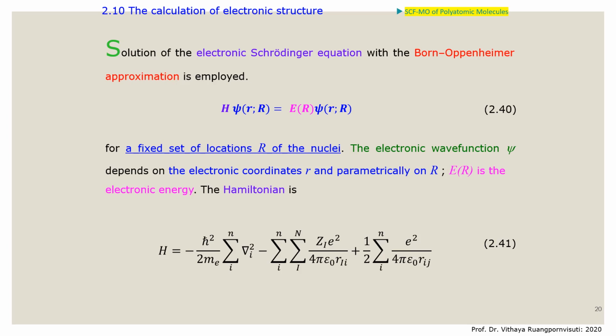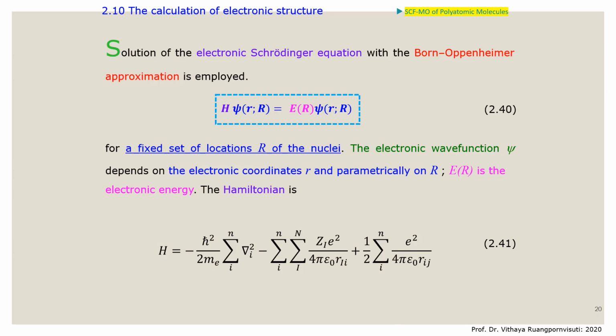Solution of the electronic Schrödinger equation with the Born-Oppenheimer approximation employs equation 2.40. The Schrödinger equation: the Hamiltonian operator operates on the wave function as a function of the location of electrons and nuclei.